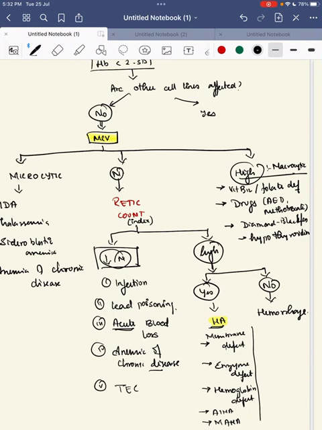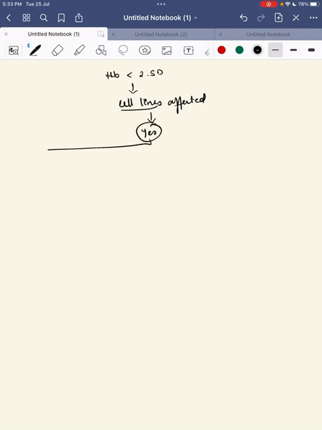Next we will see when the other cell lines are also being affected. A child with a Hb of less than 2 standard deviations is classified as anemia, and then you look at whether other cell lines are affected or not. When the other cell lines are affected, what will be the reasons? The child is having pancytopenia, where two or three cell lines are being affected.